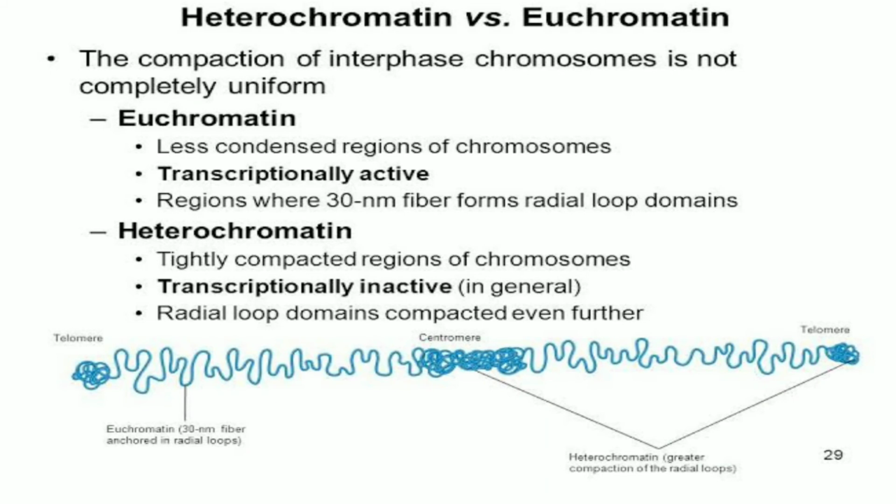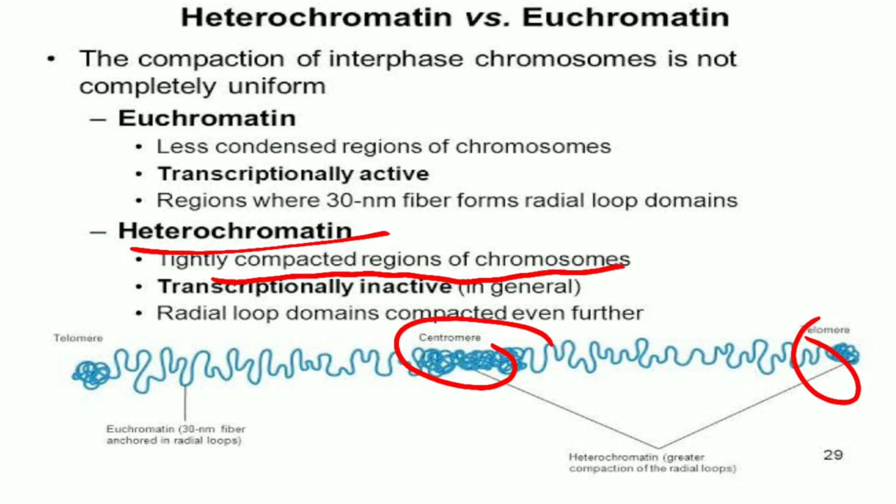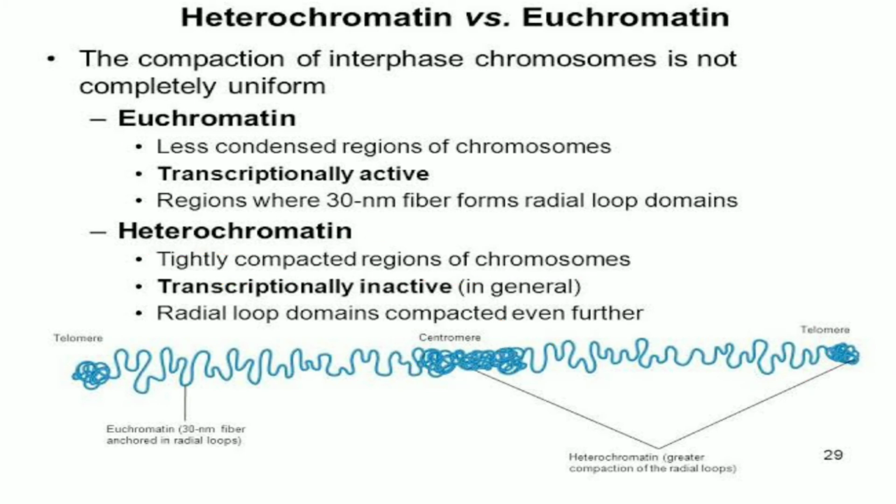Euchromatin and heterochromatin, as we have discussed, are tightly, compactly arranged regions. These ones could get converted into euchromatin when they are called facultative, or they could remain throughout the life of the chromosome as the heterochromatin, that is the least active regions of the chromosome.